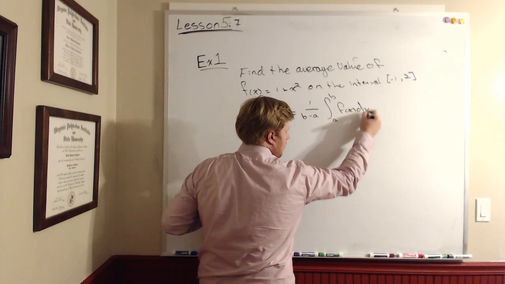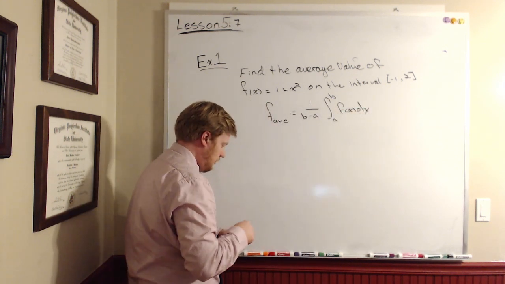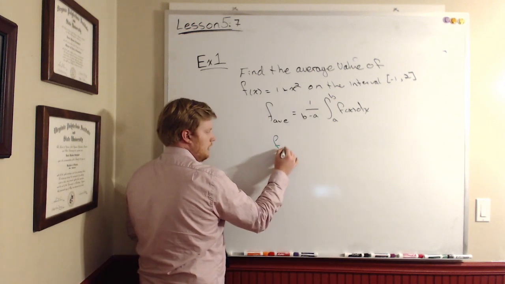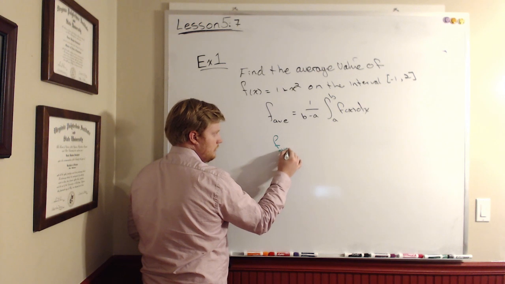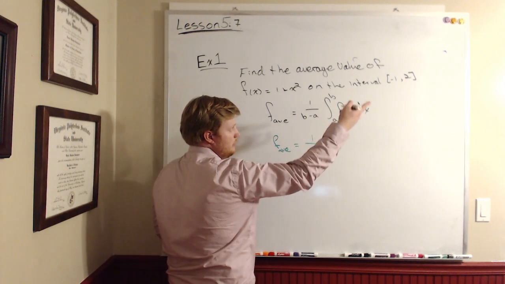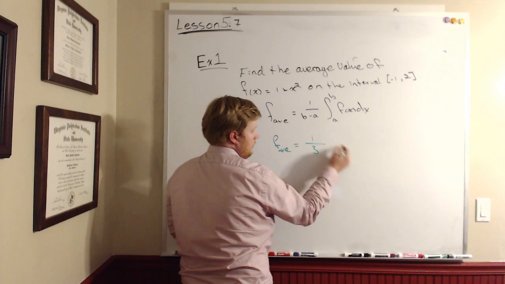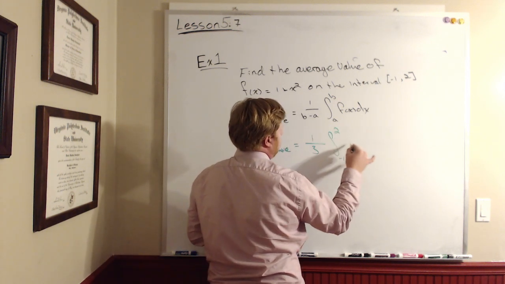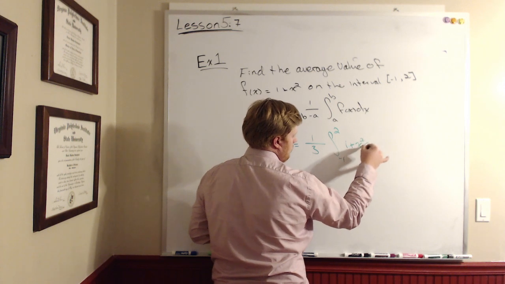So we're given all that information. All we have to do is plug it in. So the average value of f is 1 over b minus a, which is 3, the integral from -1 to 2 of 1 plus x squared dx.